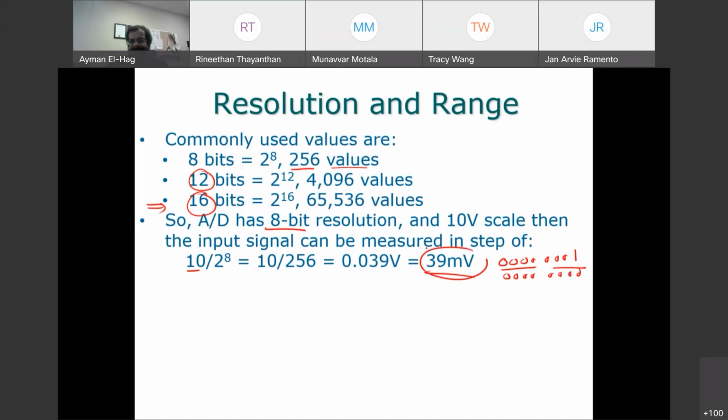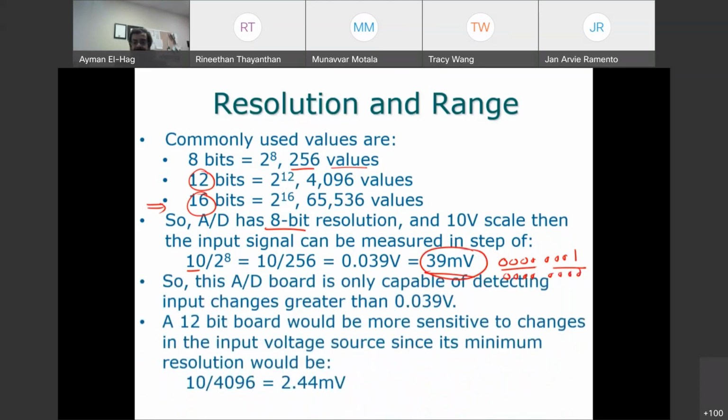So this is the minimum resolution you will have. Now, if I improve that to 12-bit, for example, again, 10 volt divided by 4096, you get 2.44 millivolt. Now, the resolution is much better. 2.44 millivolt. That is the minimum voltage I can measure.